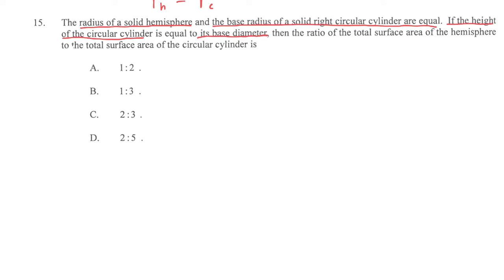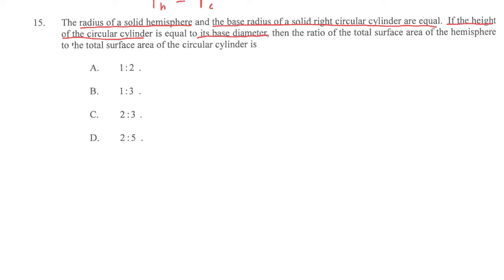But we should also be aware that diameter simply means two radiuses, because a complete diameter consists of two radiuses on both sides. So it's actually equal to 2 times the cylinder's radius.